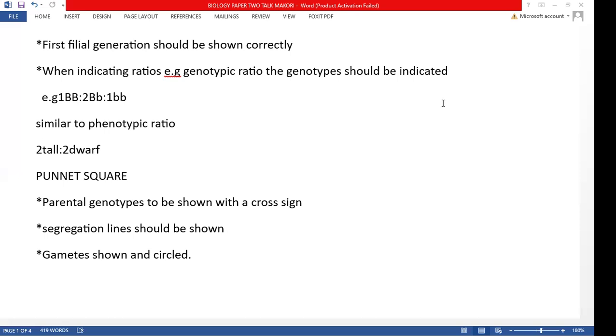You are supposed to explain why the actual phenotype ratio obtained from this cross could differ from the expected. Whenever we are making genetic crosses and we obtain the offspring, sometimes the phenotypes of the offspring that we get may be different from those that are expected because of some of the processes that take place within the plant, like the process of mutation and also the process of crossing over.